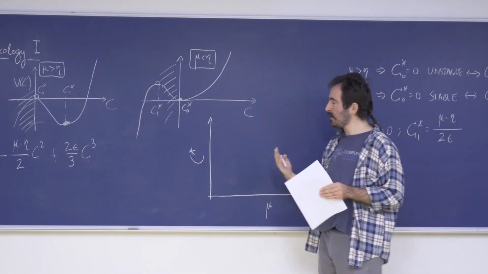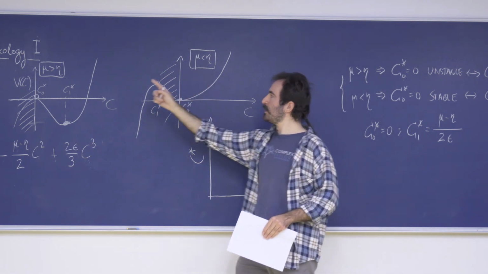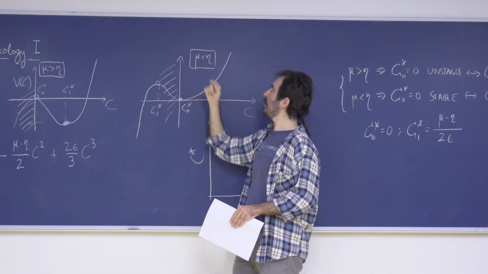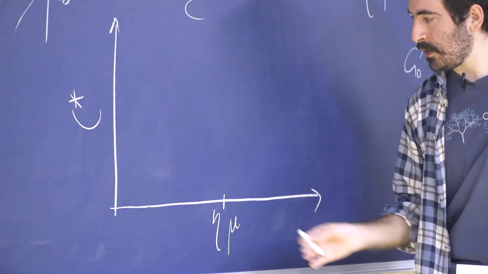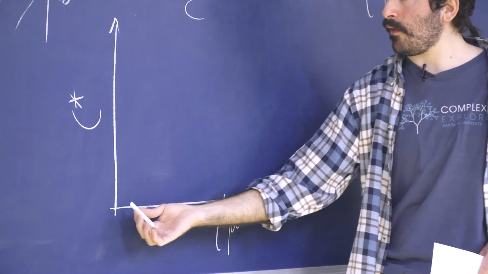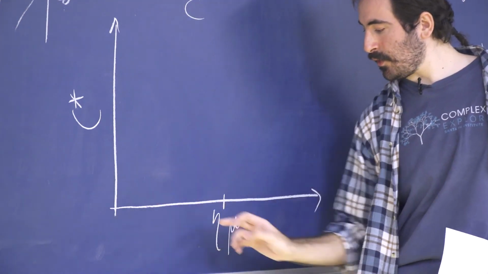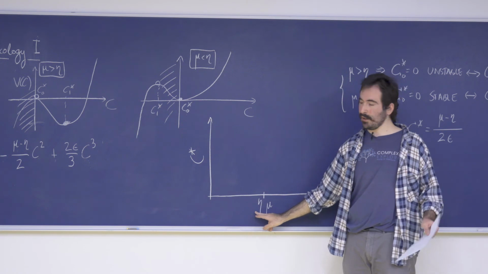We have been talking about these two regimes for a while now, and they are separated by this, right? So when mu is smaller than eta, let's write here a value for eta. So we're going to be in this state over here, all of the values of mu smaller than this characteristic mu value, which is eta.